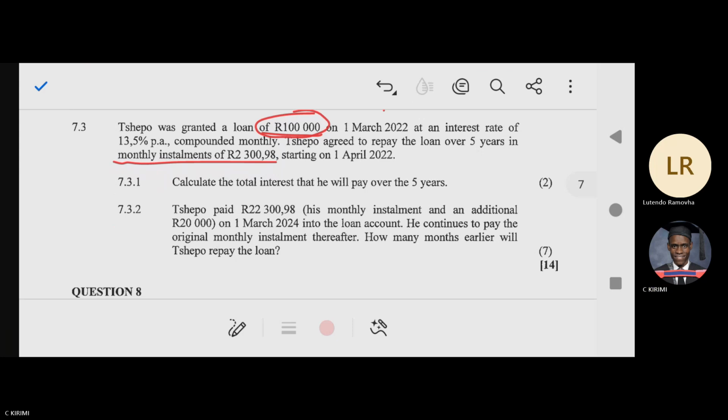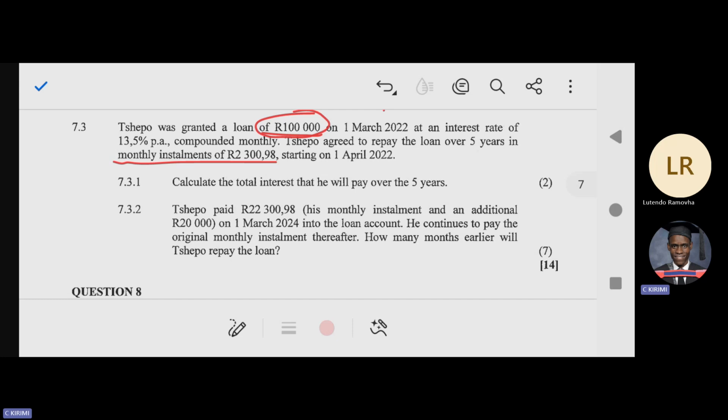Tsepo paid 22,398 rand, his monthly installment and an additional 20,000 rand on the 1st of March 2024 into the loan account. He continues to pay the original monthly installment thereafter. How many months earlier will Tsepo repay the loan?